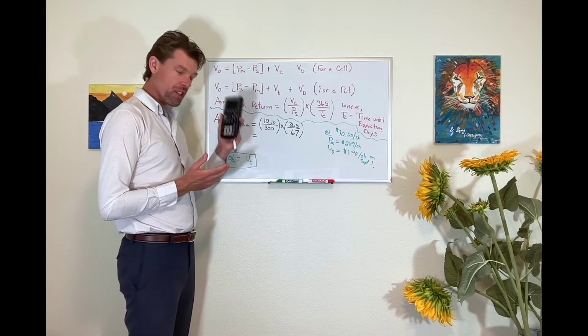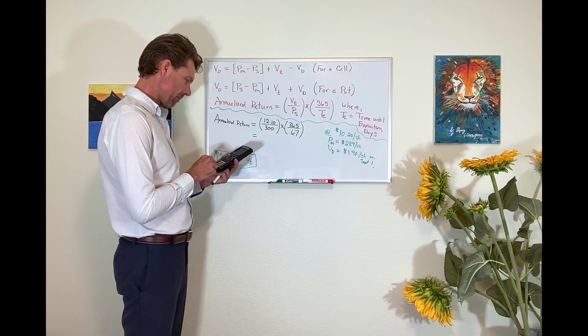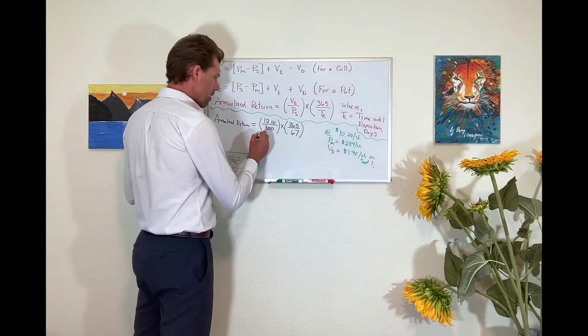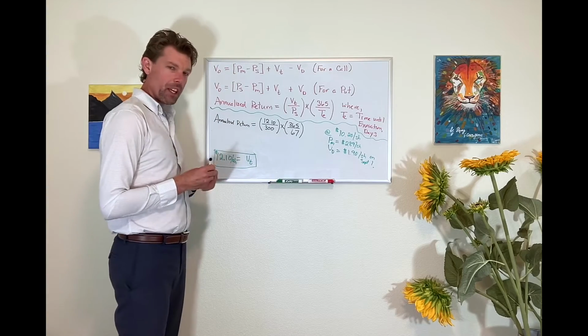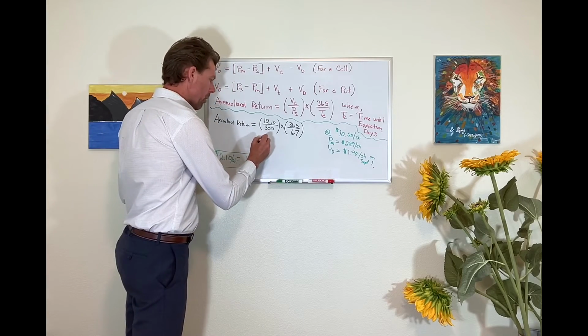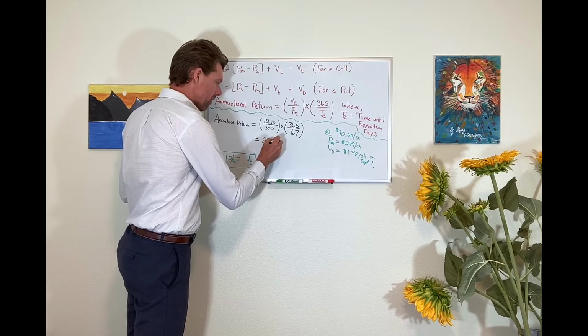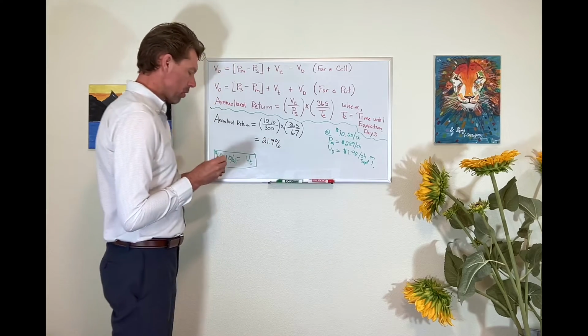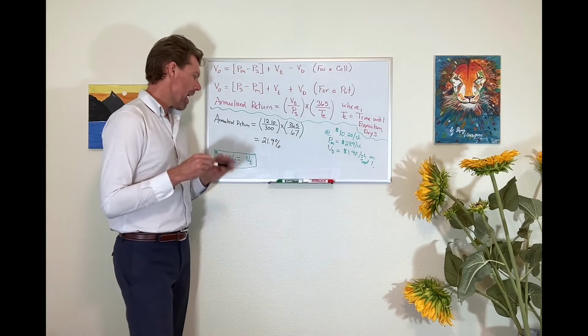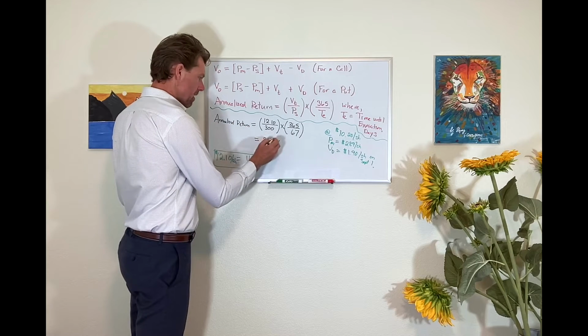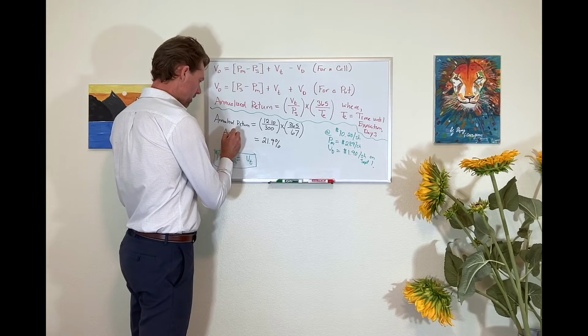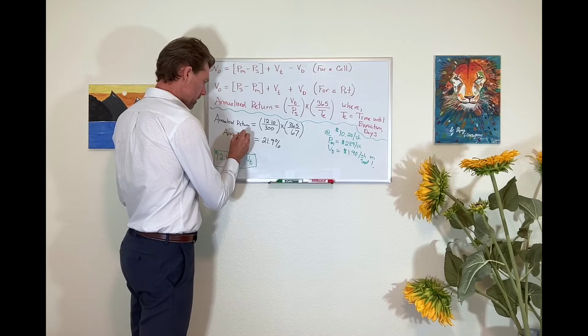I'm just going to plug this into my trusty calculator. Okay, and it comes out to 21.9. 21.9. Now, what does this figure represent?